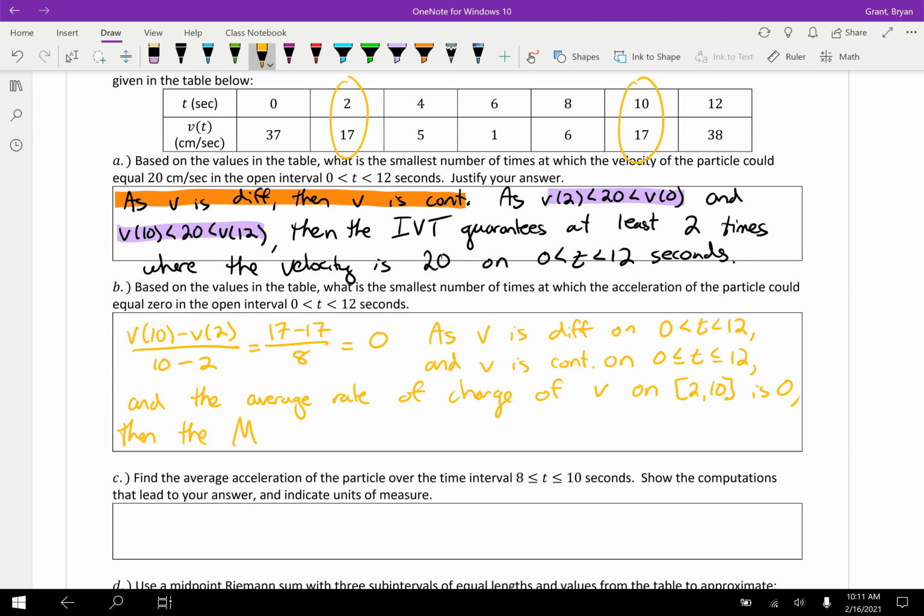Then the MVT guarantees, okay, what does it guarantee? It guarantees the acceleration, which we're going to say is v prime of t, must equal 0 at least one time on 0 to 12.